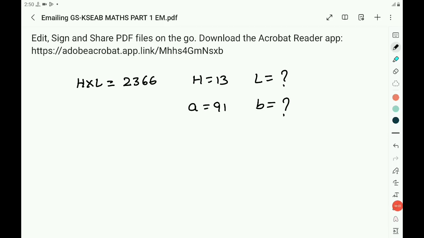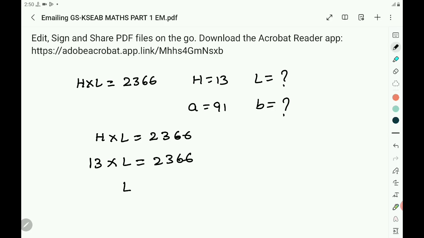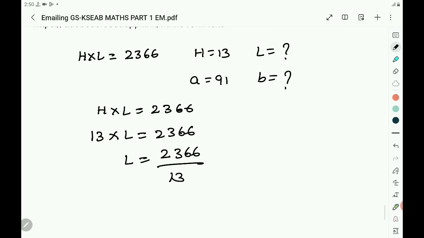Now you write the relation H into L equals 2366. In the place of H you write 13 into L equals 2366. So L equals 2366 by 13.